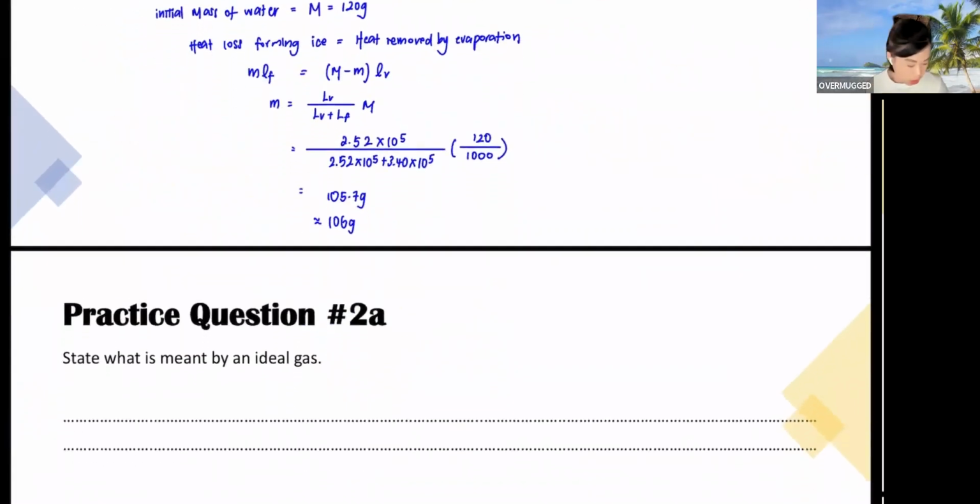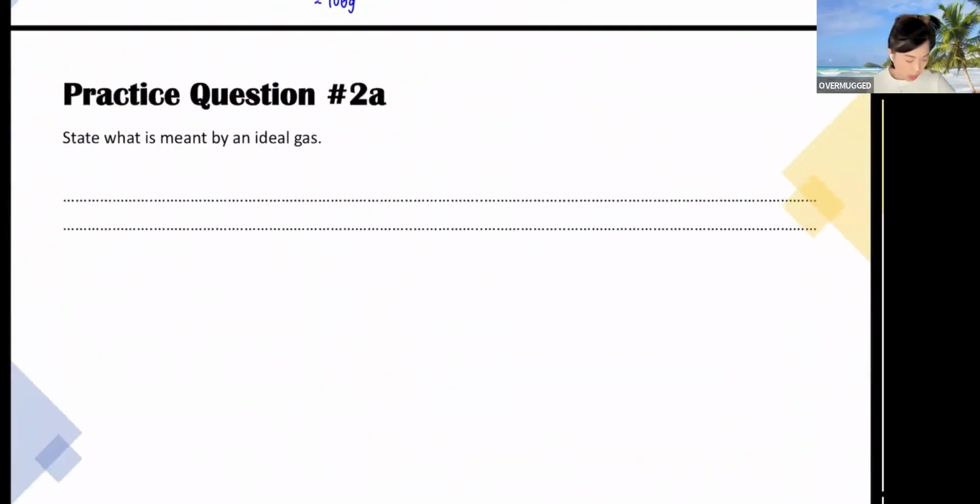Now, the next question, question 2a. For this question here, it says, state what is meant by an ideal gas? So, in order to write the definition for an ideal gas, I think most of you would already know that an ideal gas is basically one that obeys the ideal gas equation, right?